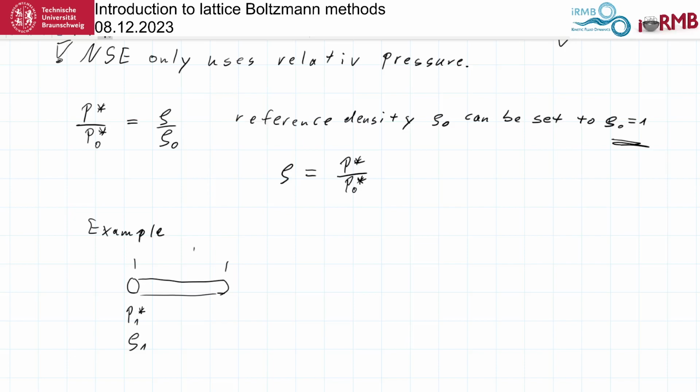We may have a distance L, and so we have a pressure difference, with P2 in this place, and we have a rho 2 in this place.